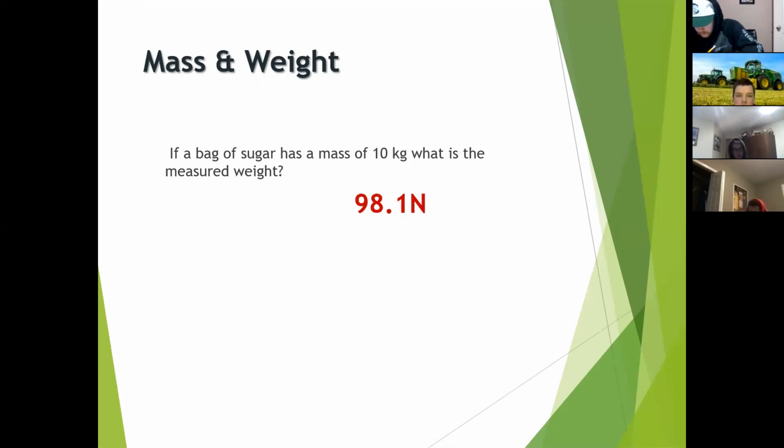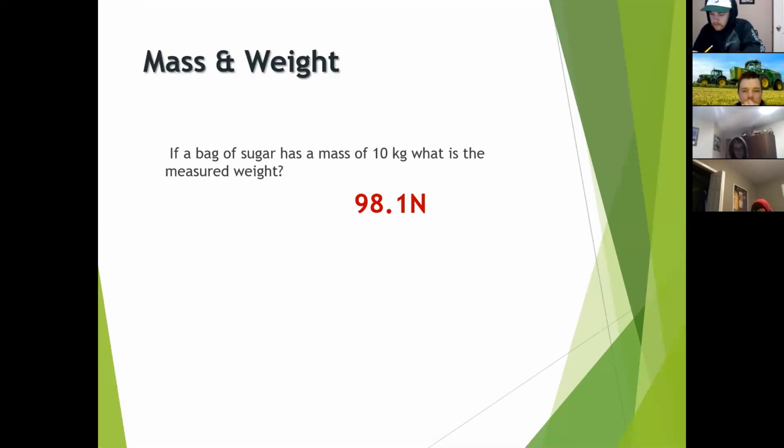The reason being is we've got 1 kilogram over 10 kilograms is equal to 9.81 newtons over N. So to solve for N, you'd have 9.81 multiplied by 10 divided by 1. Okay? That's how you get 98.1. Just as a quick reminder for those of you who I'm going a little bit quick for, I am recording this lecture and we'll throw it up for you to review later. Okay.